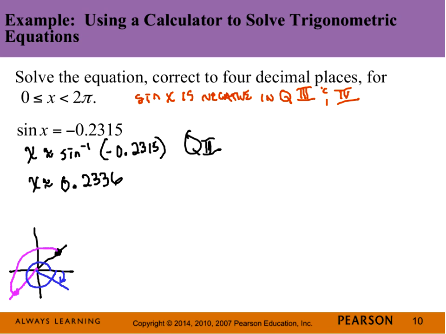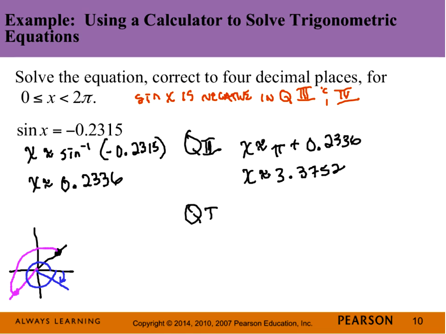So I'll show you what that looks like algebraically. So for quadrant 3, I have that x is approximately pi plus 0.2336. And when I put that into my calculator, I get that x is approximately 3.3752. And for quadrant 4, x is approximately 2 pi minus 0.2336.